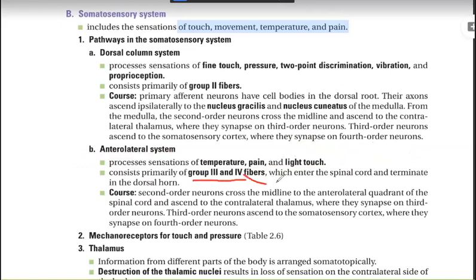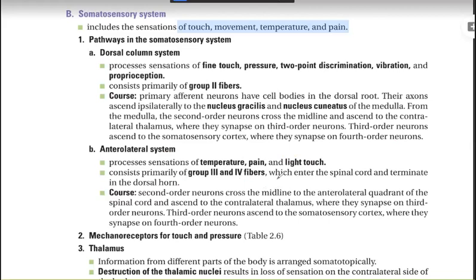By group 4, we mean C. And by group 3, we mean the A delta and B, but we are not talking about B here because they are written in a different manner. I'm just making this point really clear and specific, okay, making it discrete. So you have to write it down in your book or somewhere else in your notes.